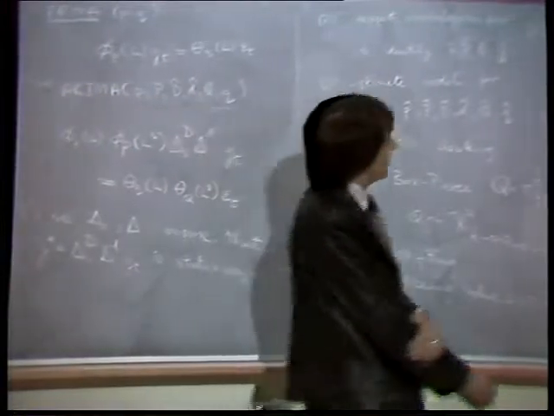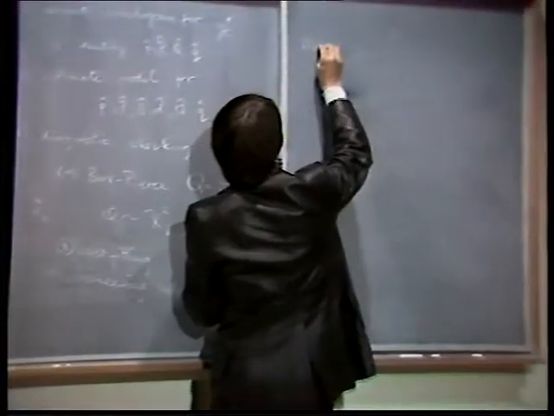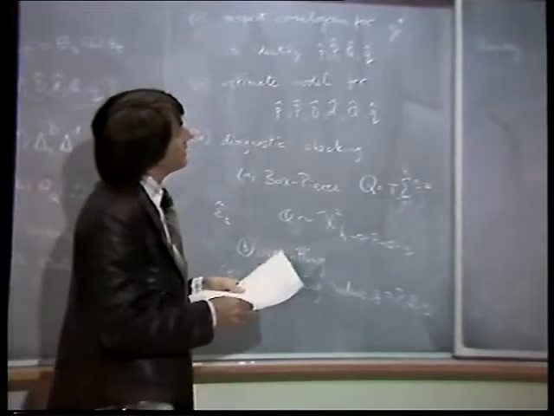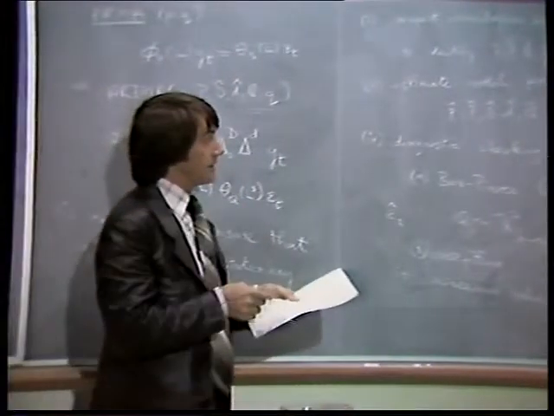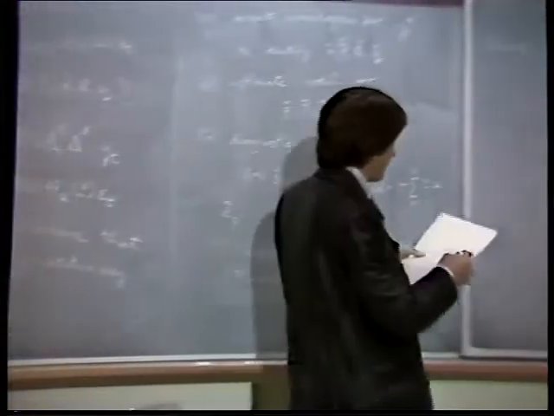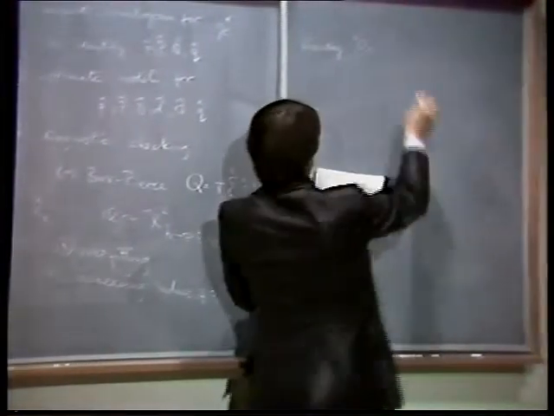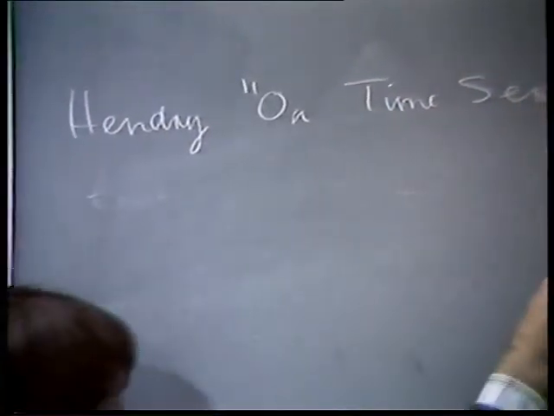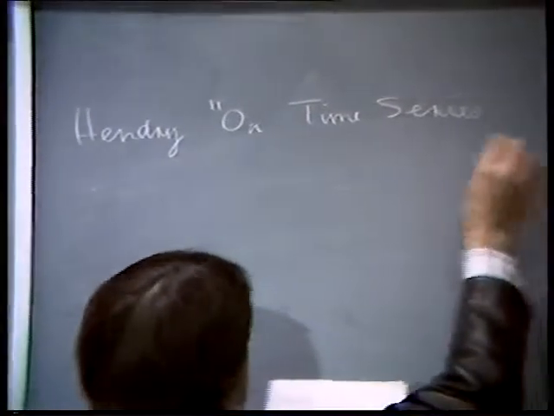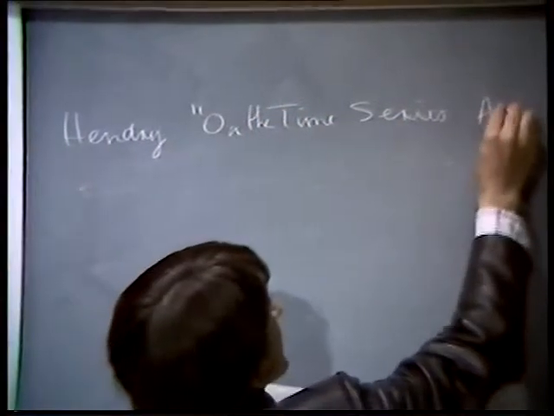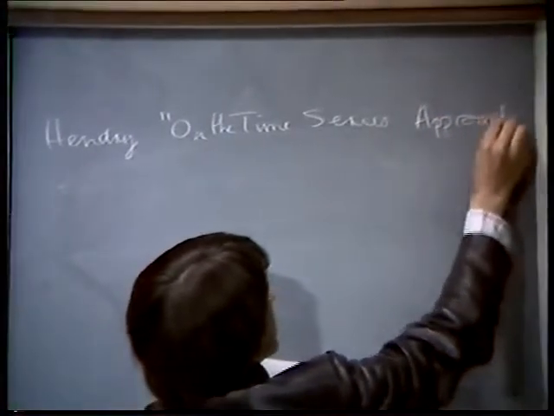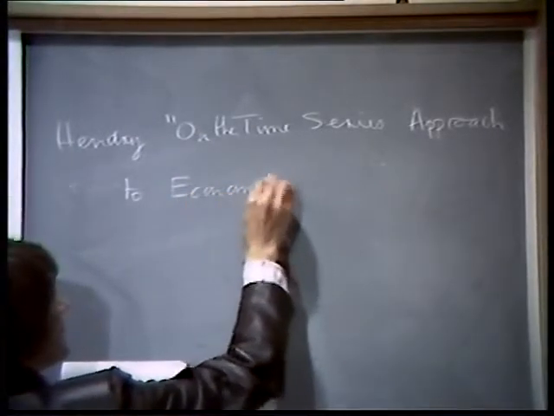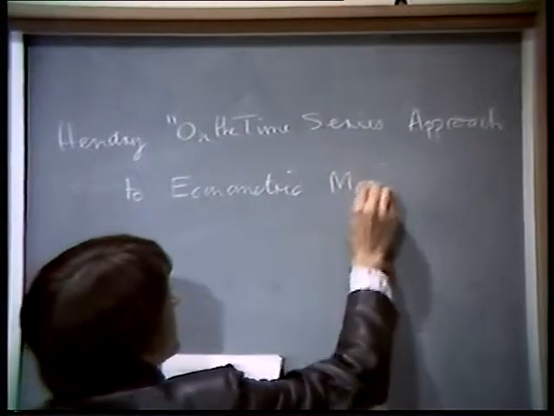And this is a point that's been made by Hendry in a paper given at the Federal Reserve Bank in Minnesota in 1975, with the title on the time series approach to econometric modeling.